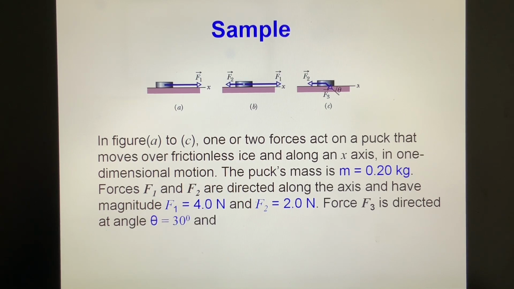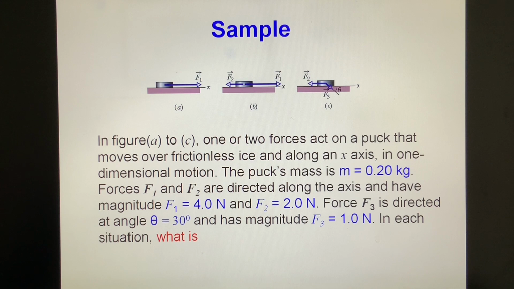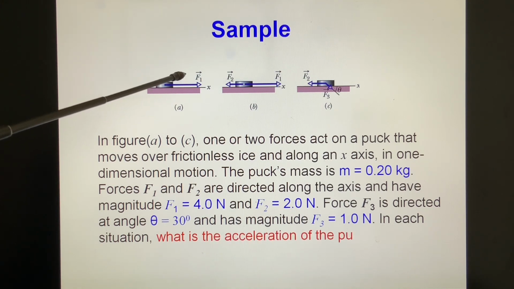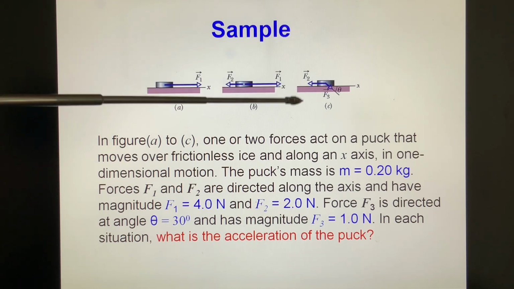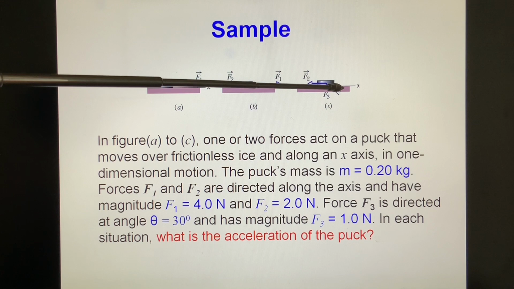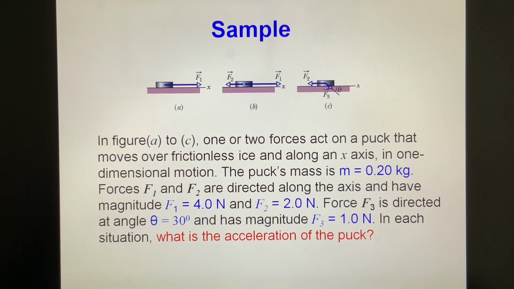Forces 1 and 2 are directed along the x-axis and have magnitudes F1 = 4.0 Newton, F2 = 2.0 Newton. Force 3 is directed at angle theta = 30 degrees and has magnitude 1.0 Newton. In each situation, what is the acceleration of the puck?